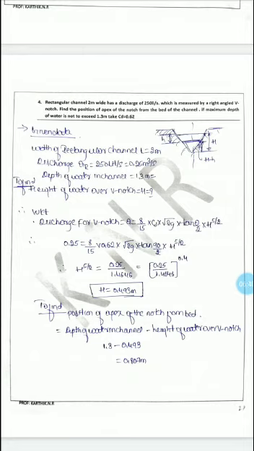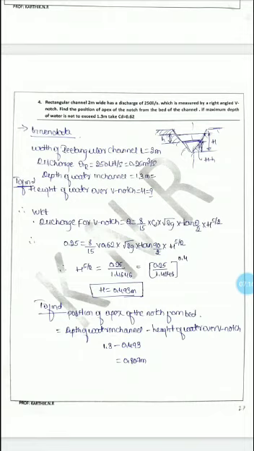It is a rectangular channel, so the width L is 2 meter. The discharge is 250 liters per second, that is 0.25 meter cube per second. The depth of water in the channel is 1.3 meter, the total depth of water in the channel.